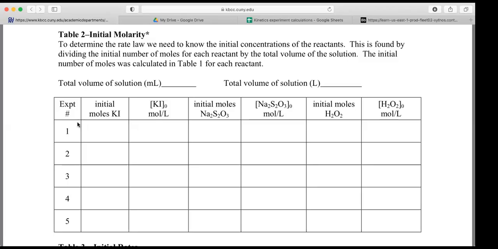Okay, so there's table 2, initial molarity. Okay, the total volume in milliliters and then the total volume in liters. Okay, that's what that has right there. So now the total volume in milliliters is the volume of everything added together. So I want to take you through so that you can see that.